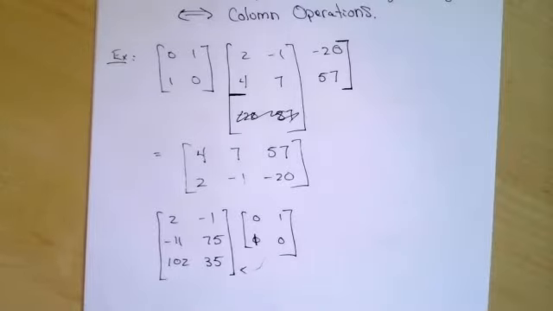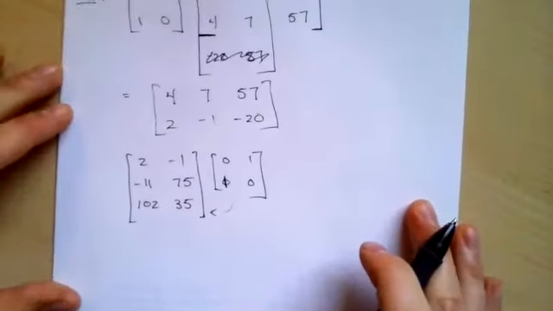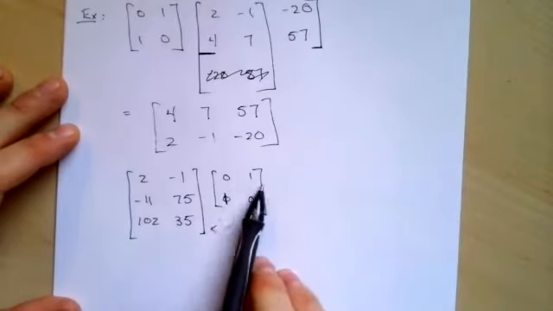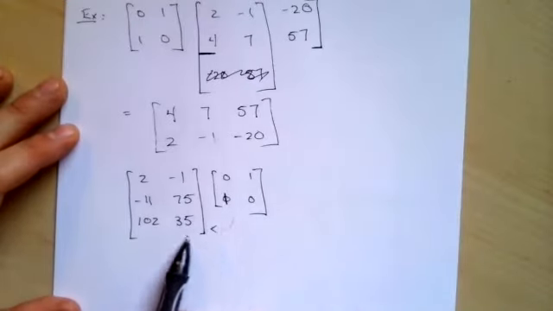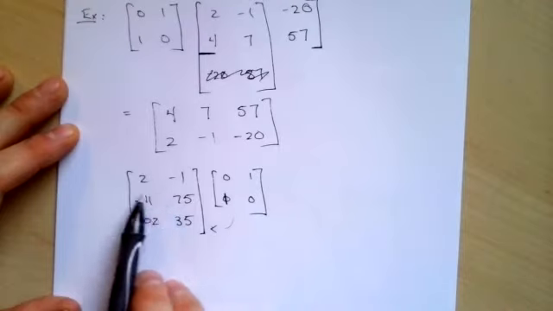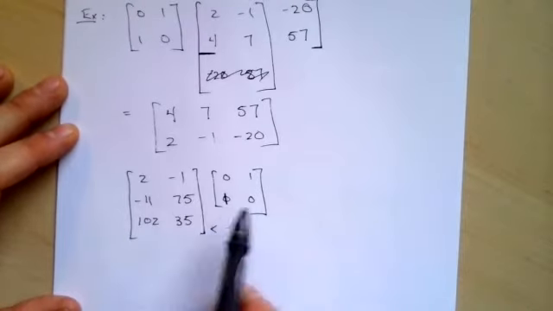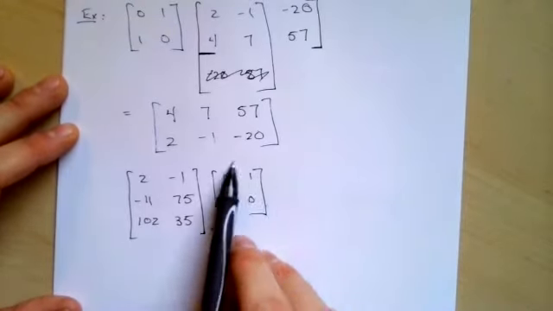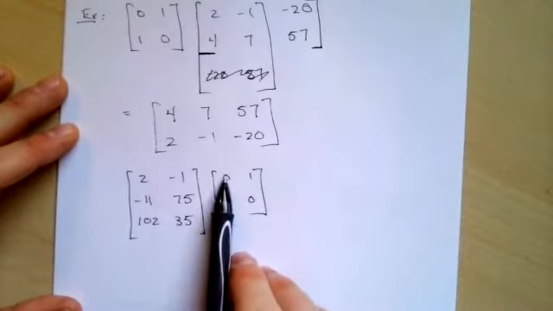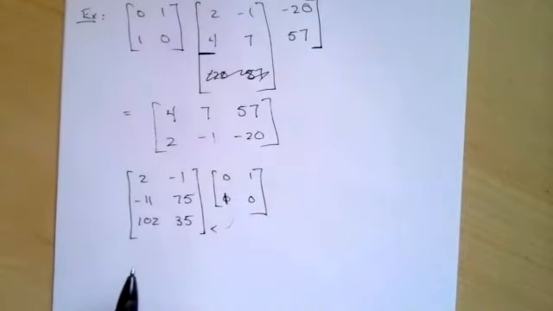The multiplication is still going to be the same, but I just want to illustrate that if we think of this as acting on the right, it's going to flip the columns. So this would be a column operation, obtained from the identity by flipping the columns.